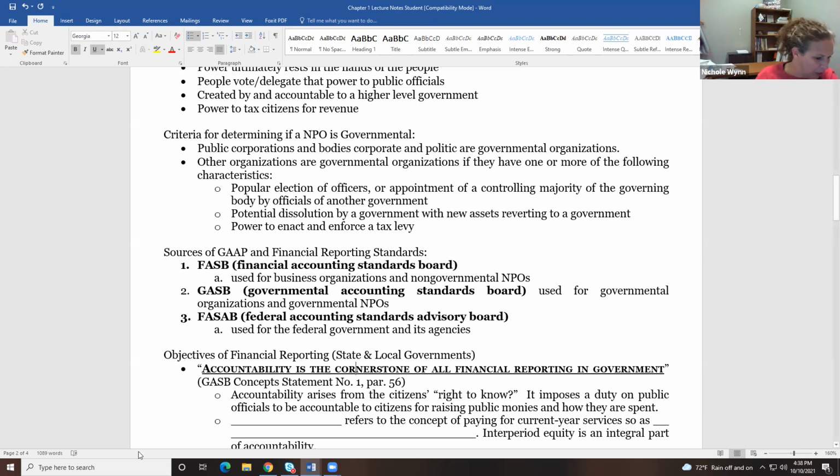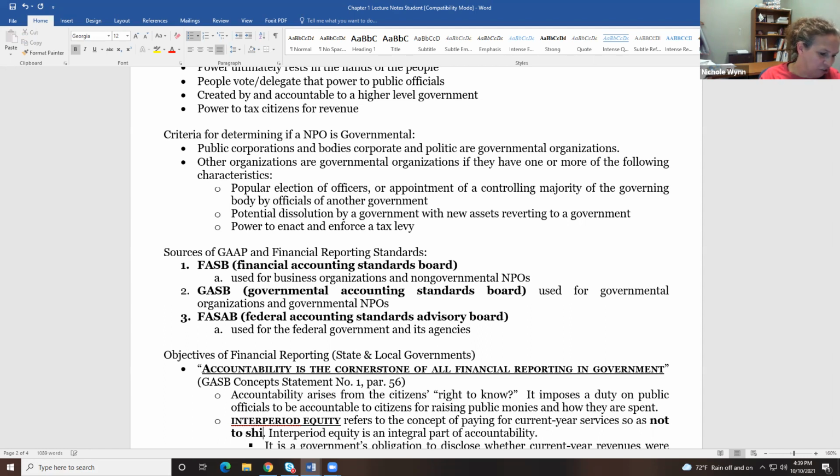So that topic is called interperiod equity. Interperiod equity refers to the concept of paying for current year services so as not to shift the burden to future year taxpayers.